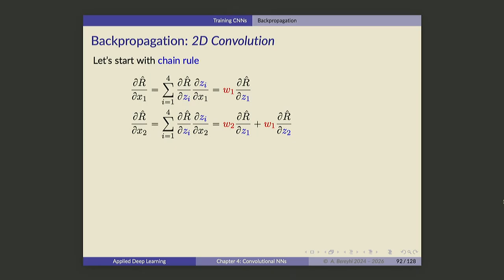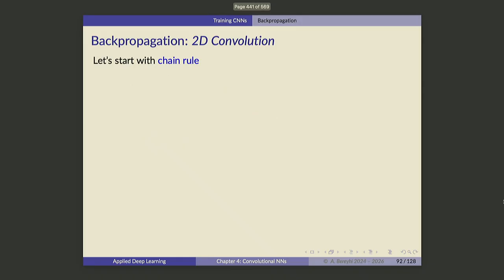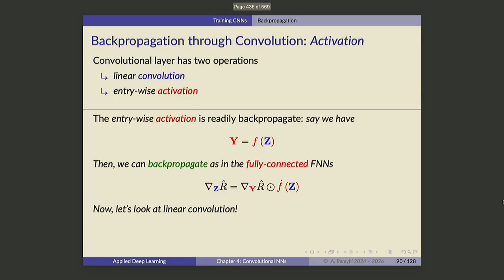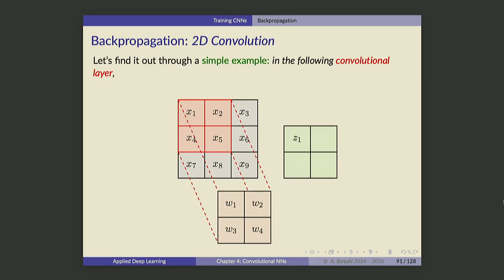Now, if we go for the next guy, what's going to happen? If I want to compute the gradient of r hat with respect to x2, well, I would have the gradient of r hat with respect to z1 times w2, which gets multiplied with x2, right? Again, I have the gradient of r hat with respect to z2 times w1, which in the next computation is getting multiplied to x2, right?